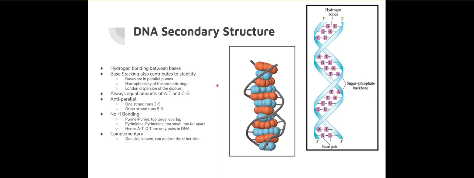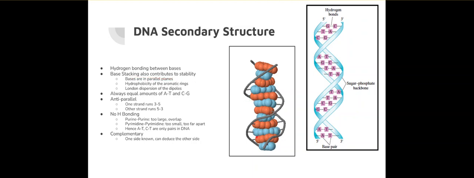Okay, so DNA, as we all probably know, has this double helix structure like this. The reason it has this structure is there is hydrogen bonding between these bases inside this. These are the bases hanging off of that structure that's built together. But you do get some stability from what's called base stacking.